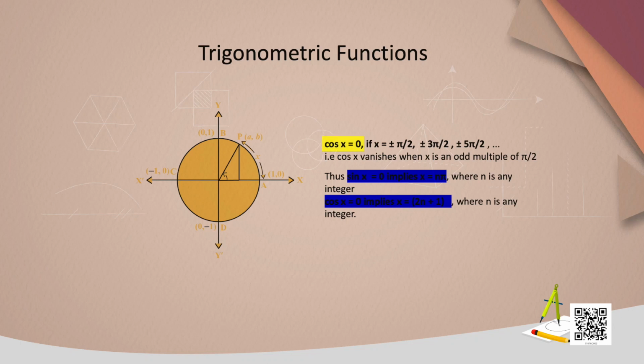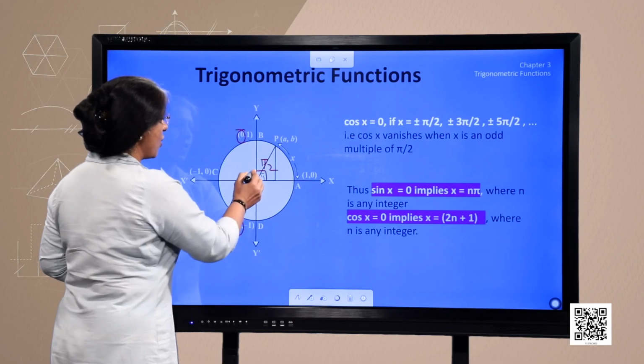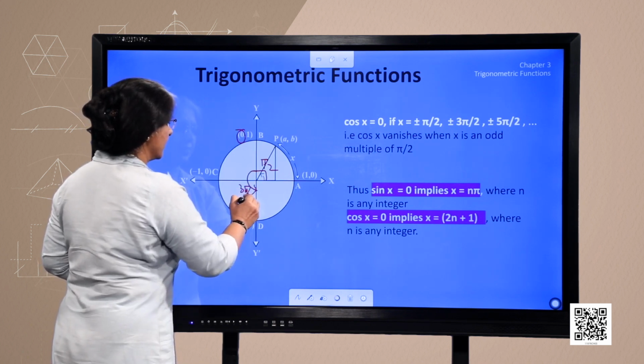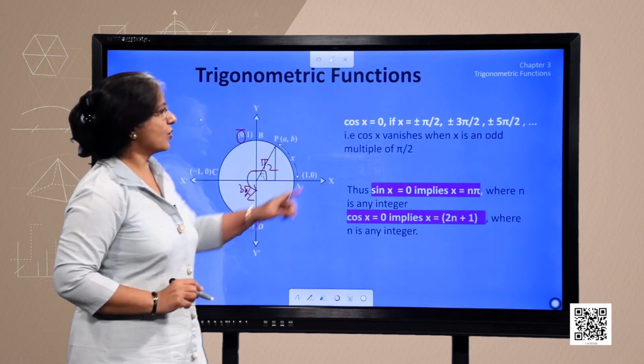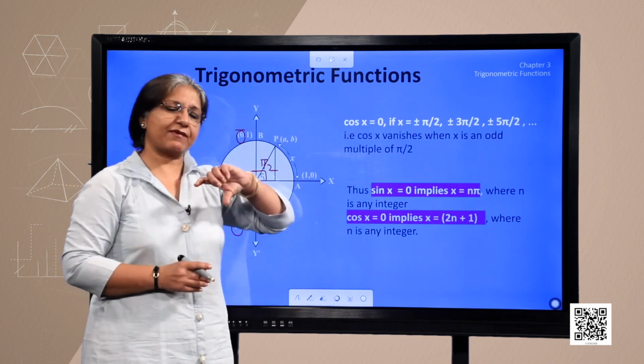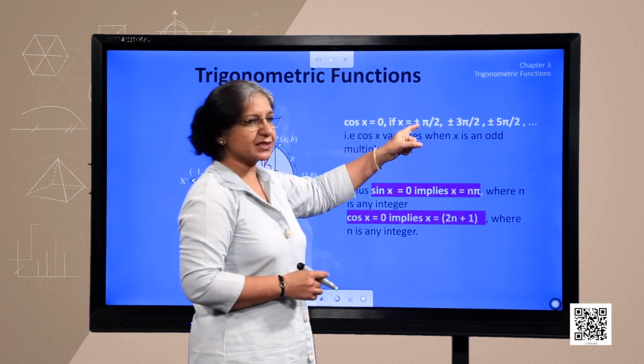So, when is cos x 0? See, the first coordinate of this point P represents the value of cos. The cos is 0 at this point and at this point. So, we see at pi by 2 angle cos is 0 or at 3 pi by 2 angle cos is 0. So, cos x is 0 at pi by 2, plus or minus, whether it is taken anti-clockwise or clockwise, that is why we are taking plus minus both.